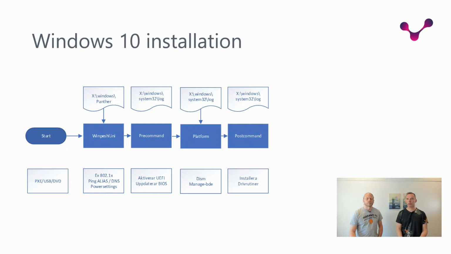If we have some settings that have to be added after we have deployed the image. Windows 10 or Windows 7 or 8 has lots of drivers included in the image, but we have some hardware that is a little special where we need to add some drivers before we boot up Windows 10.